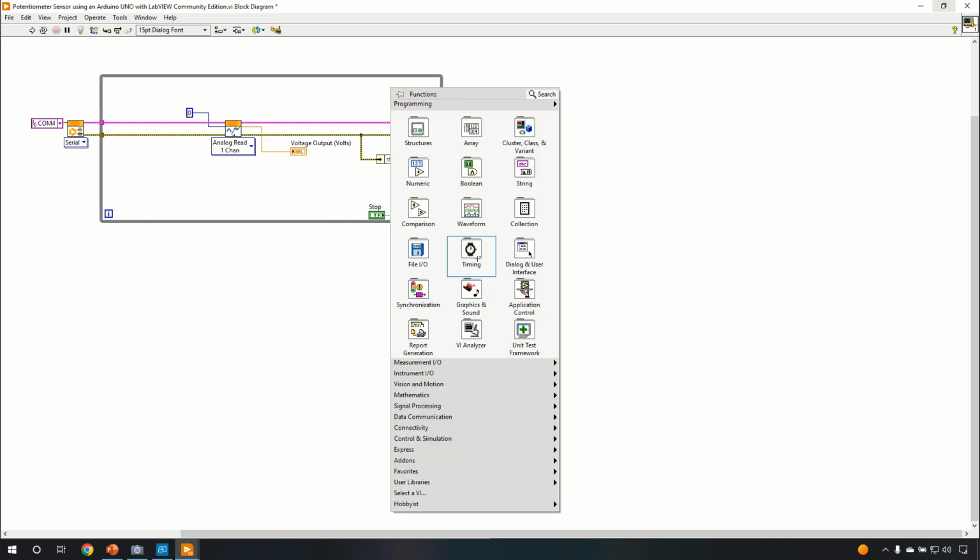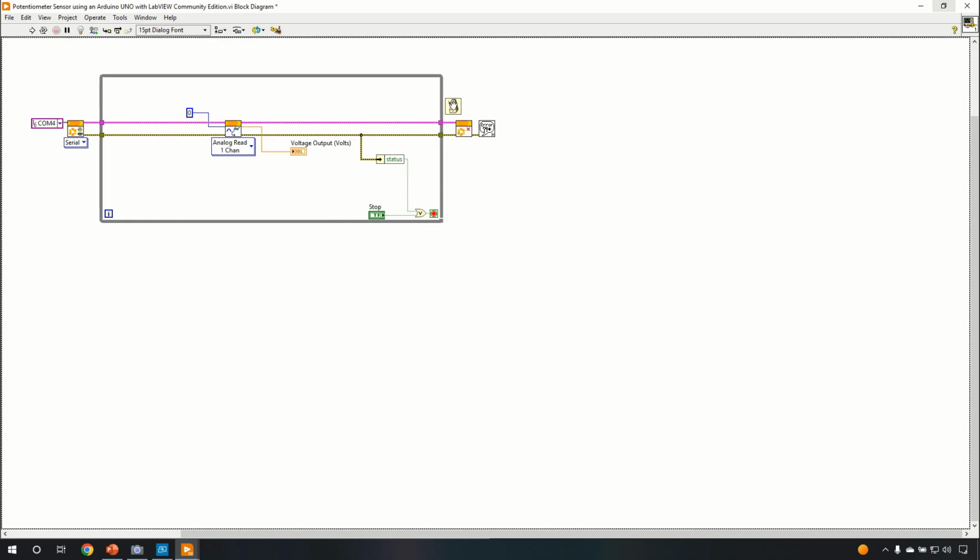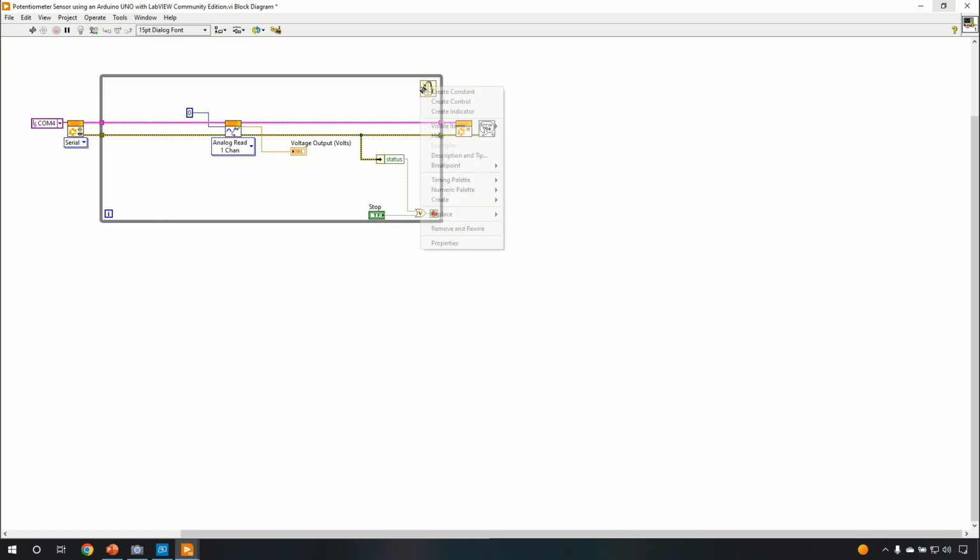One more thing we need to add here is a timer in order to make our code more efficient, and we'll specify 10 milliseconds. So this timer means that between each two loops, we will have 10 milliseconds of time. Just to avoid our while loop running as fast as possible, this will really help our CPU.